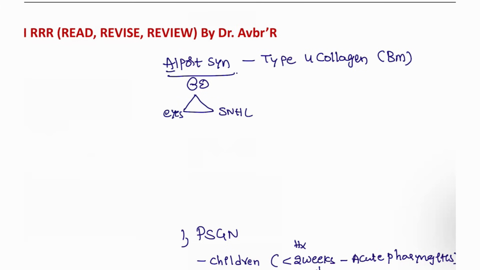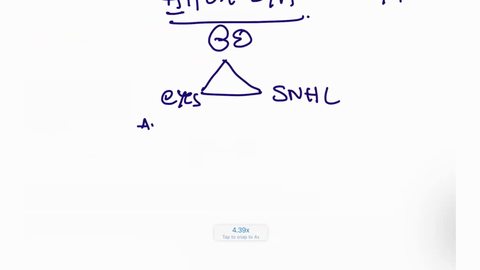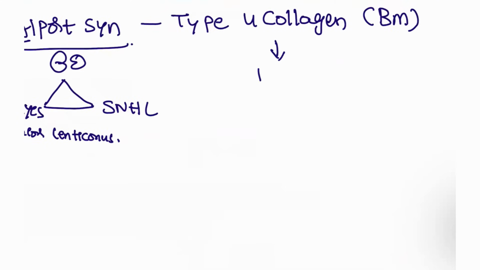A for Alport syndrome, A for anterior lenticonus. On histopathology, you are going to see the basket weave appearance. These are the important points that you have to remember.